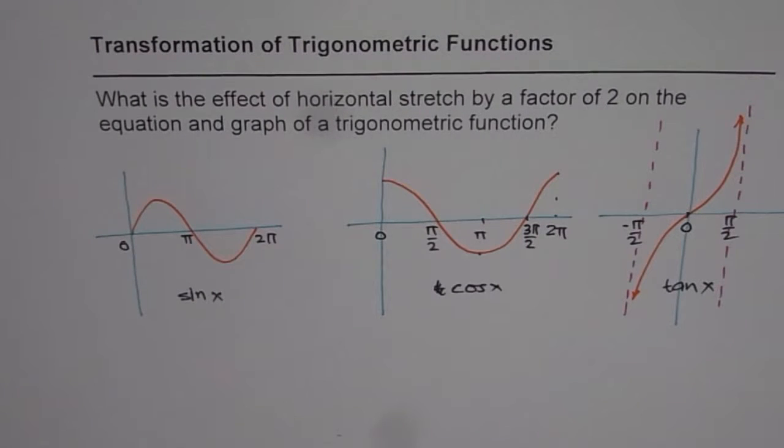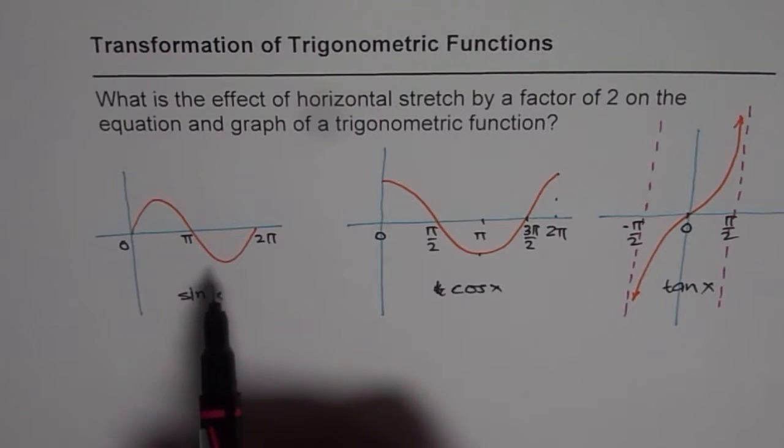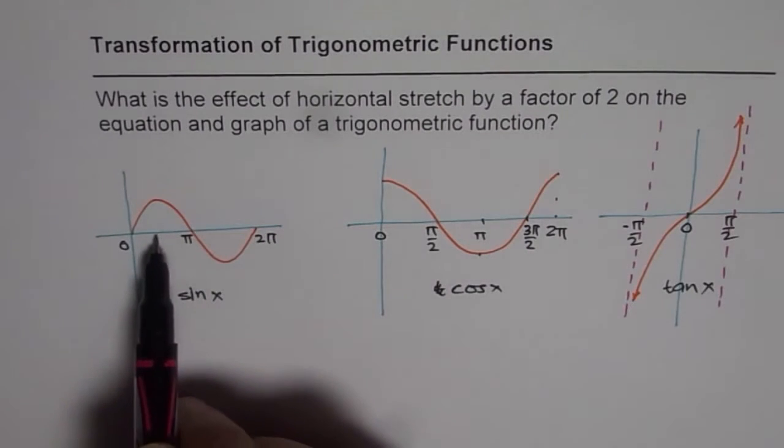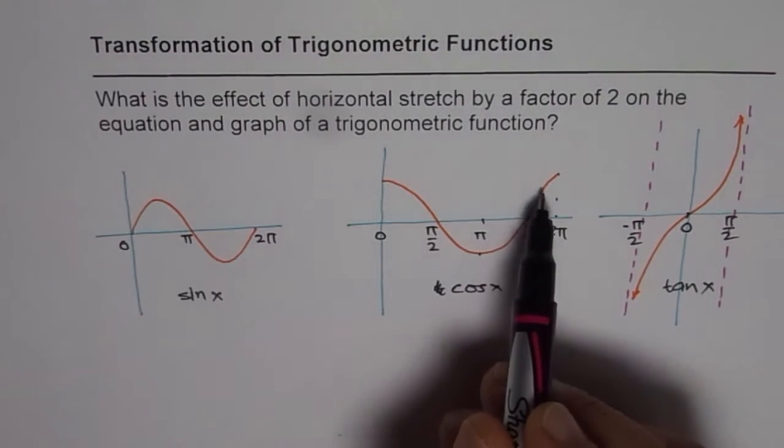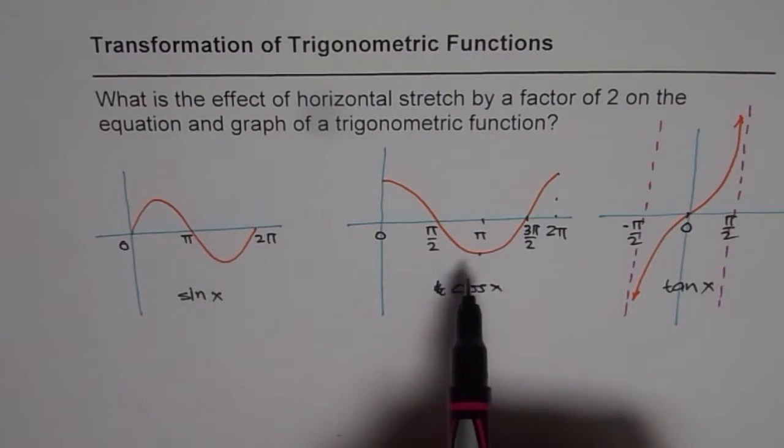Now the question here is, what is the effect of horizontal stretch by a factor of 2? Now in this particular case, I have not really given you enough room to sketch twice the length. So what I will do here is, I will do for these two functions here, I don't have much room here, so I'll leave cosine for you as an exercise, okay?